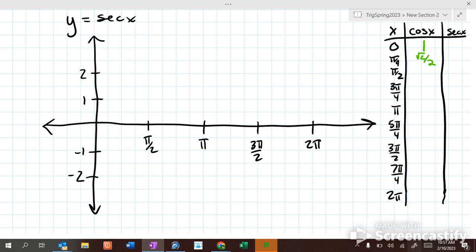What's cosine at pi over 2? Cosine is 0 at pi over 2, because it's the top of your unit circle. So sine is 1, cosine 0. 3 pi over 4. What's cosine? Negative square root of 2 over 2.